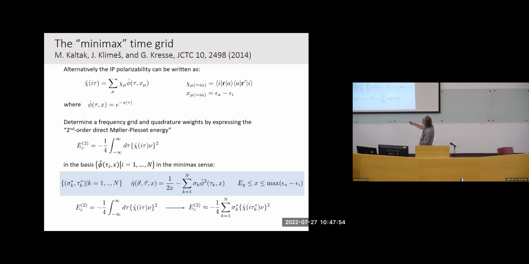And the same thing we do for this direct Møller-Plesset 2 energy, and we make a minimax fit again for a number of time points. And basically you get again an approximation to this energy by taking a certain set of time points and corresponding weights to it.